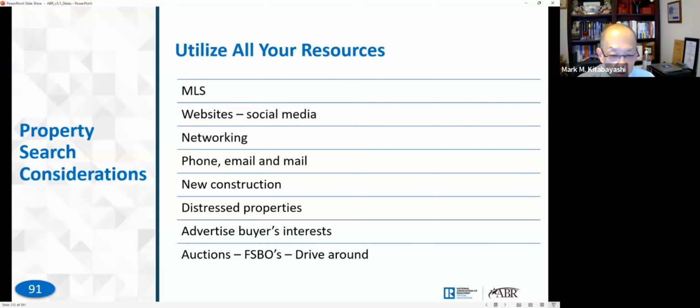So you have to use anything you can to find the property for your client, whatever applies to your country or even your area. Because even within Cambodia, some areas might operate differently as well, right?